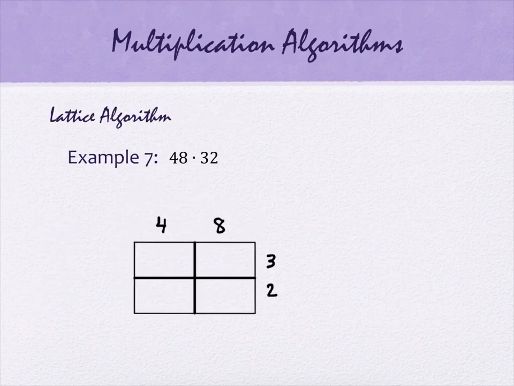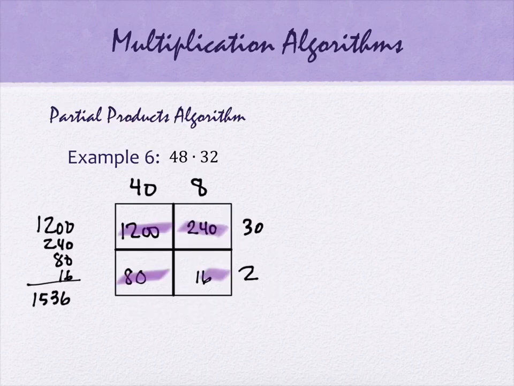Here's where it's going to look like the lattice that we had seen with addition and subtraction. You're going to make these lattice marks dividing each of your small squares or rectangles into 2 pieces. Now with partial products, what we did is that the grid piece that we were in, like if we were doing this 1200, it was multiplying the 40 times the 30, right?